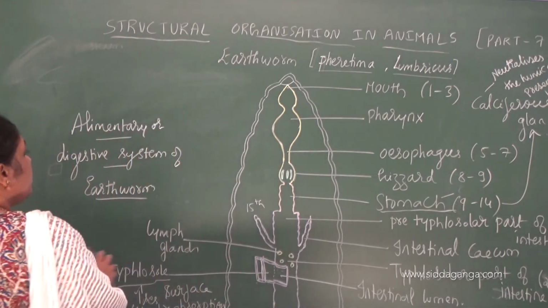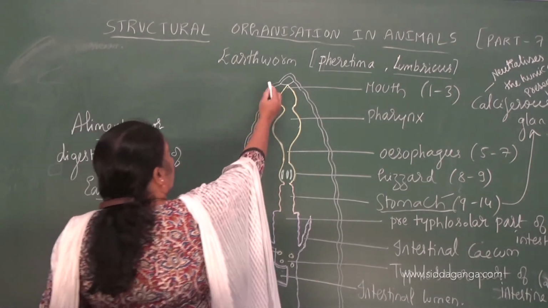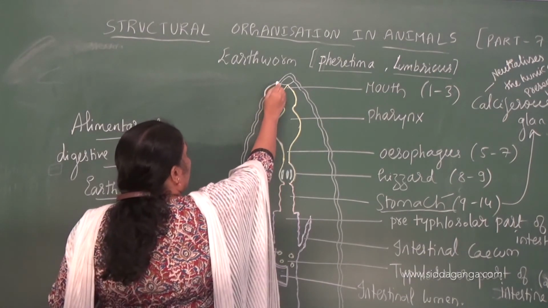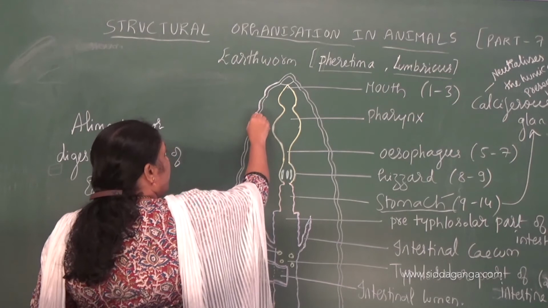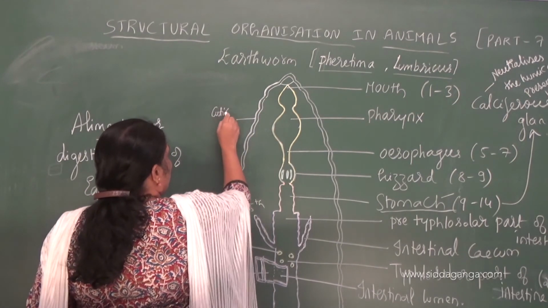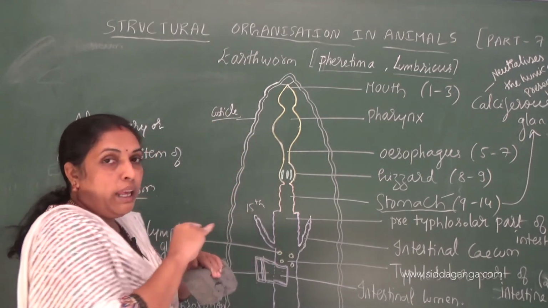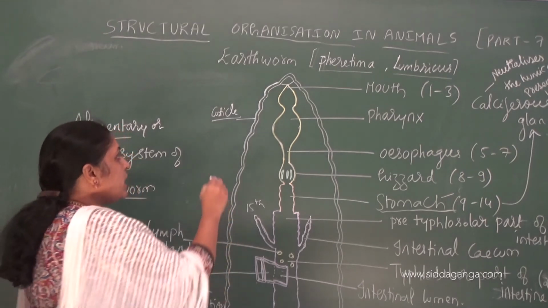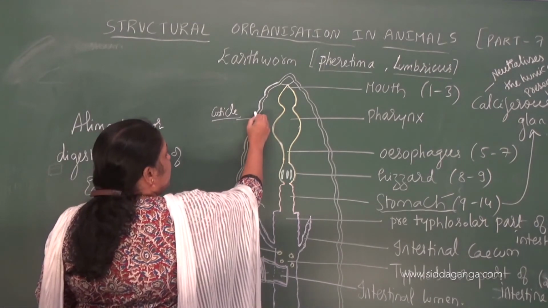Before starting the anatomy, I forgot to tell you one thing, so now I am going to tell. In the outer layer of the earthworm, we see a cuticle. The outer layer is a non-cellular layer. The cuticle is a secretion of the epithelial cells.